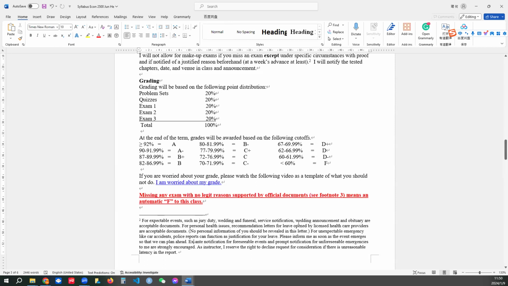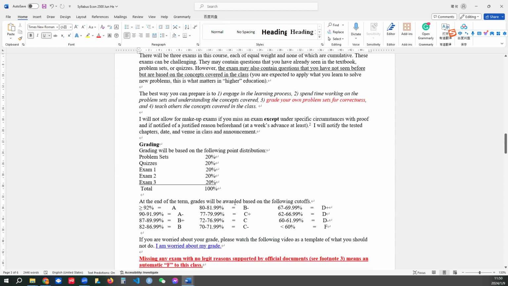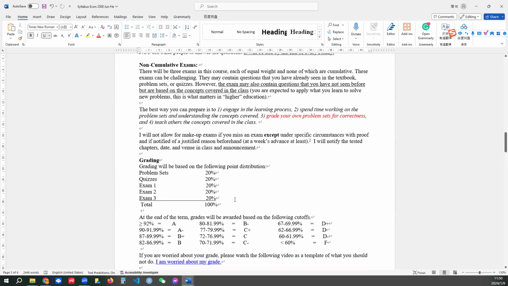And here, please be aware, missing any exam with no legitimate reason supported by official documents will cause an automatic F for the overall class. So don't miss that. Okay.